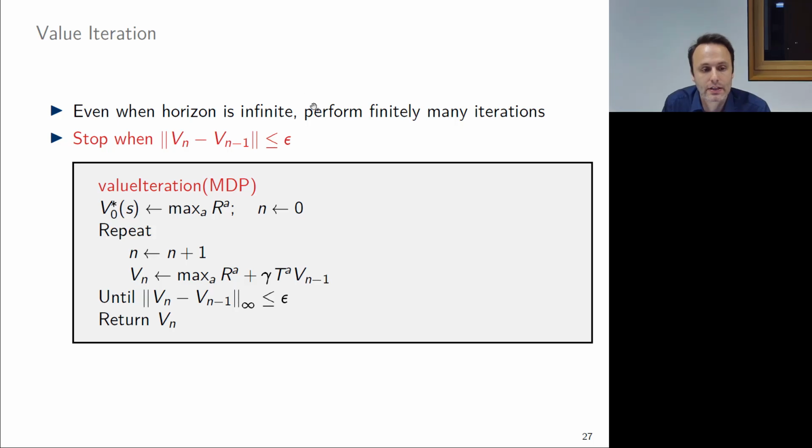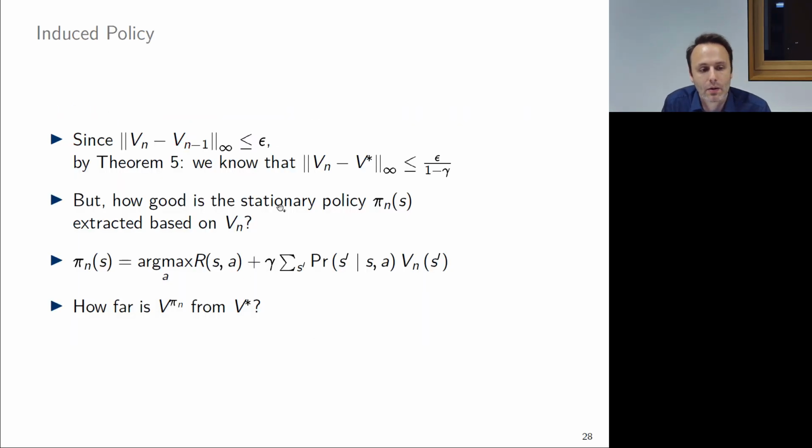Now we can rewrite this value iteration algorithm a little bit differently. So if we stop early, then we can stop when this difference is smaller or equal to epsilon. So this is just the difference that we include here, that we stop before infinity. Now, what is the induced policy and how far is it away from the maximum of the value function?